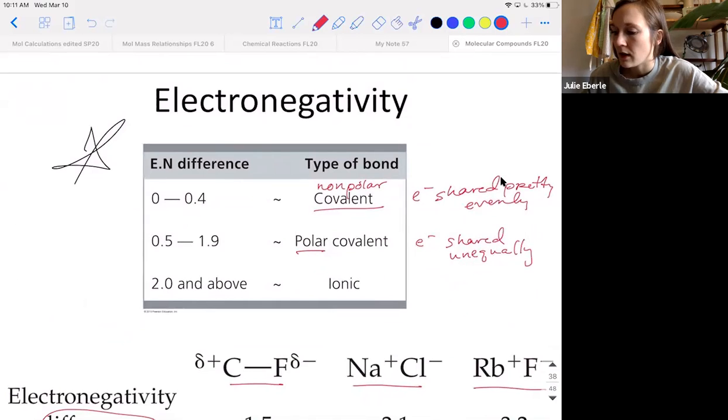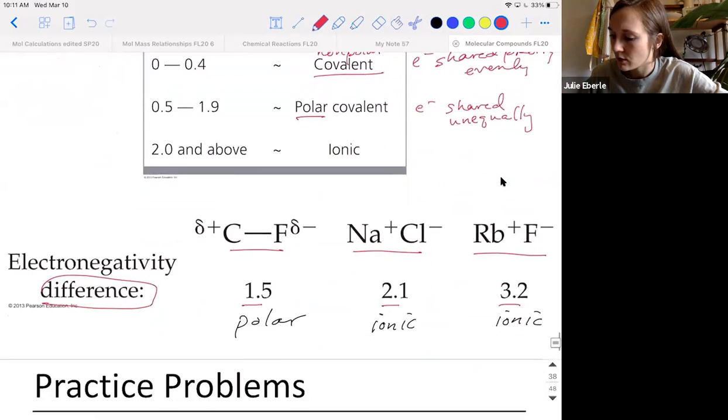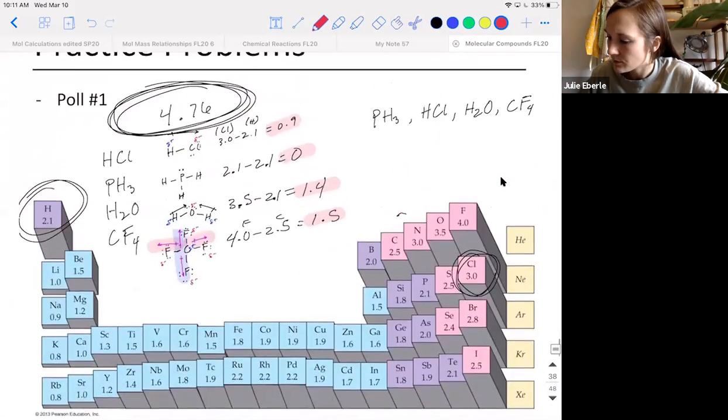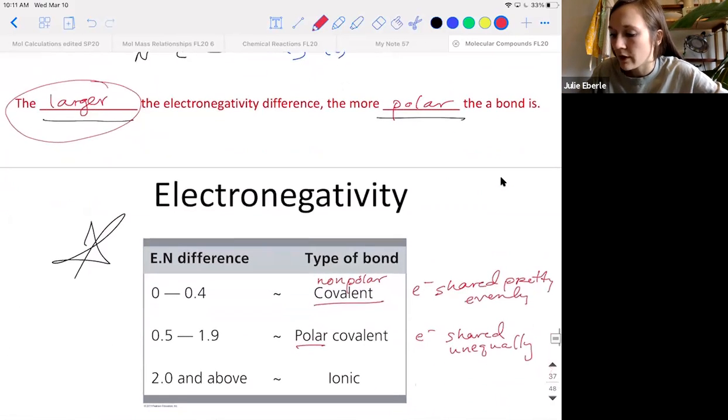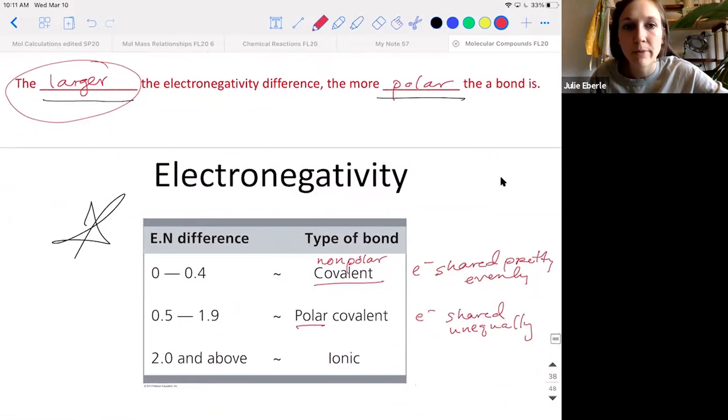As electronegativity difference increases, where was our quote? Oh, the larger the electronegativity difference, the more polar the bond is, okay? So a non-polar covalent bond is going to have the smallest electronegativity difference, and then polar bonds have even bigger electronegativity differences between their atoms.